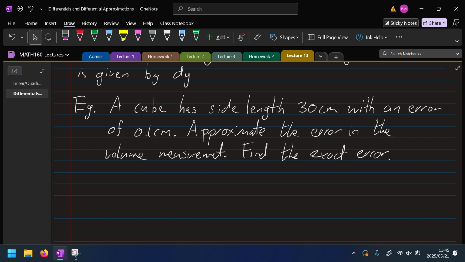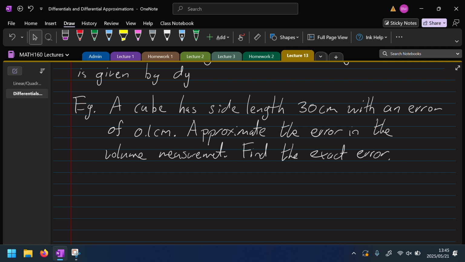Now, from your measurement, you want to find out what the volume is, V. But there's an error in your measurement of the length. If there's an error in the measurement of the length, there's going to be an error in the measurement of the volume, right? What we want to do is find what that error in the volume is.